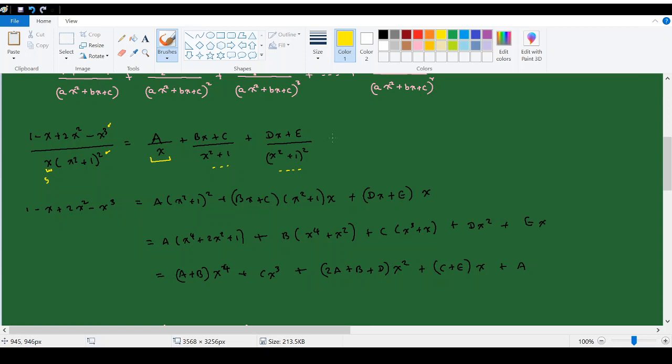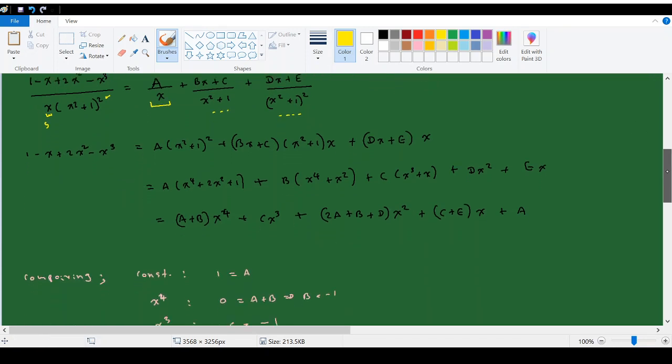Here the substitution method gives very little help, because this is the only term that we can consider for a root, which is 0, and by substituting x equals 0, this term will get canceled out, this term will get canceled out, and we can only find a, right? After that we must go for the technique of comparing coefficients.